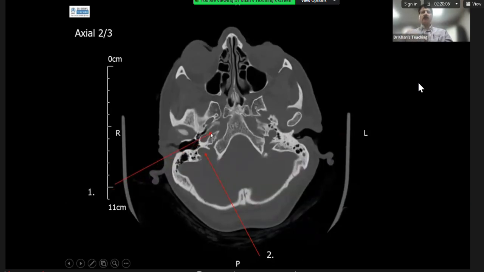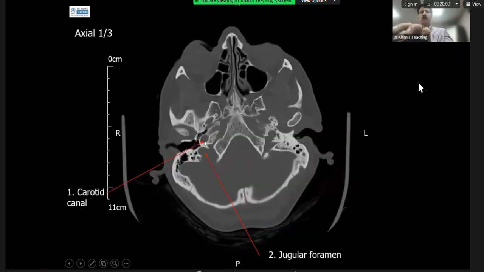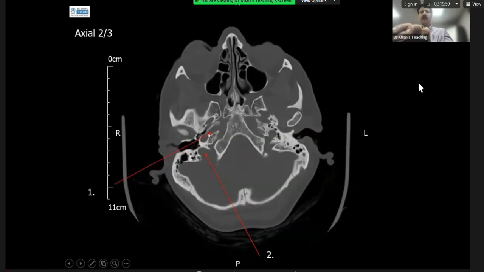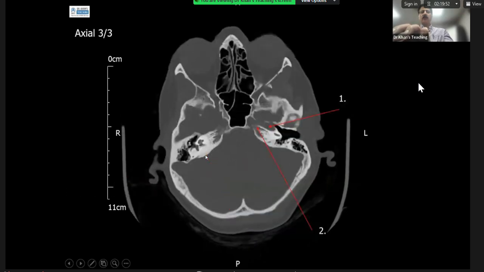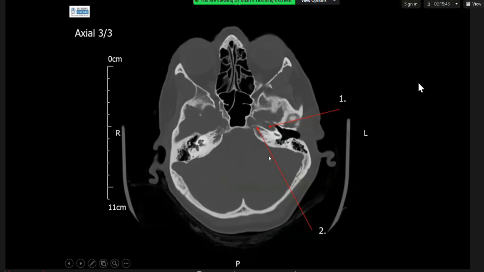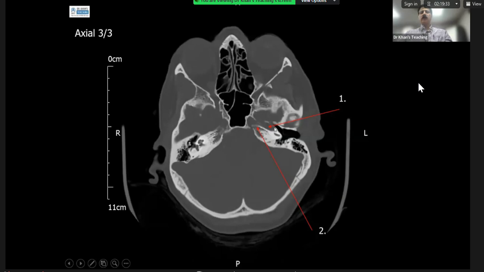And now, same thing here, next slice, you can see here, this was the vertical portion, and then it has turned into the horizontal portion, and the jugular foramen is still visible here. Now, candidate one, what is this? It's a bit harsh because there is a bit of partial voluming, but there's a canal here.